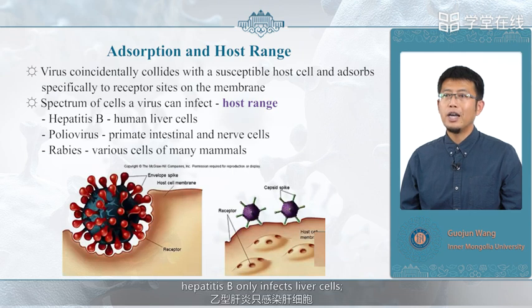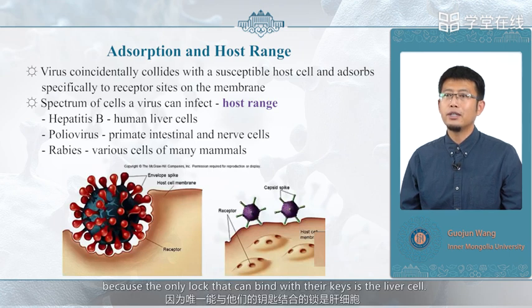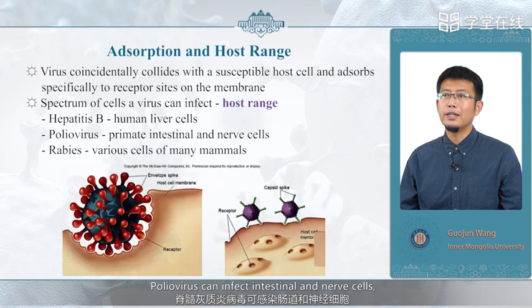For example, hepatitis B only infects liver cells. It does not infect anyone else because the only lock that can bind with its keys is the liver cell. Poliovirus can infect intestinal and nerve cells, so that key has a more broad range.